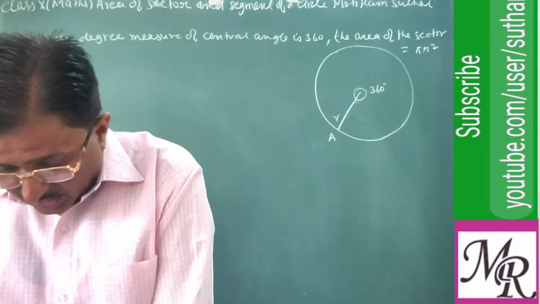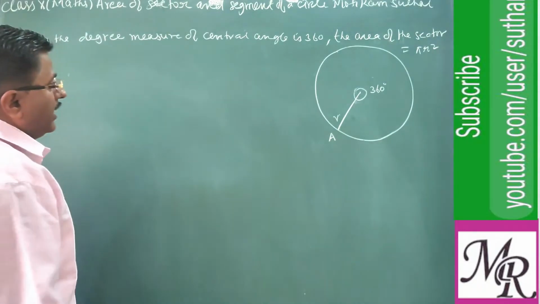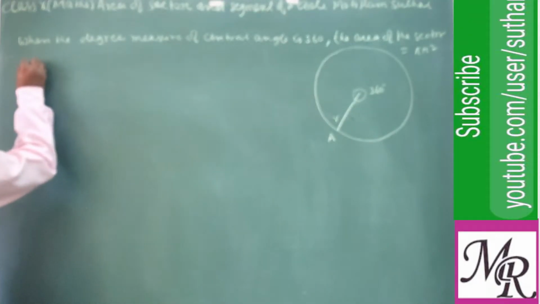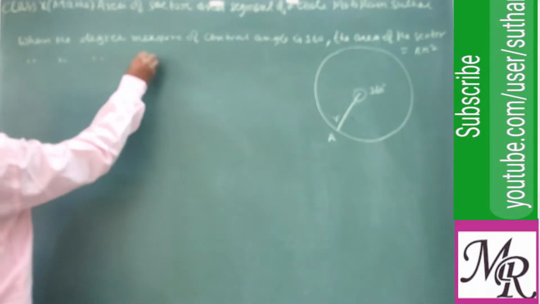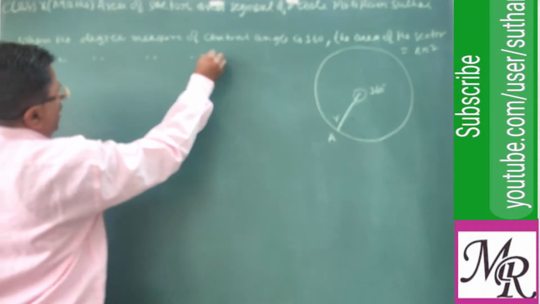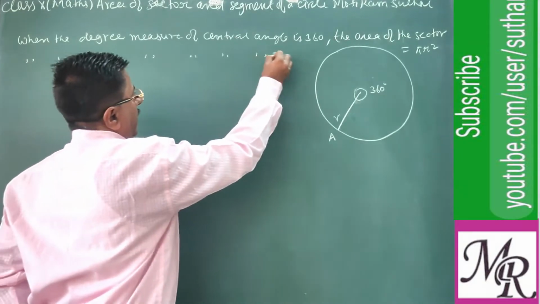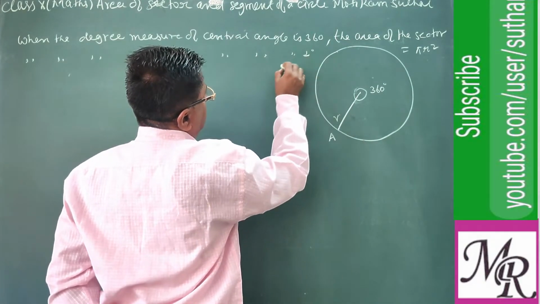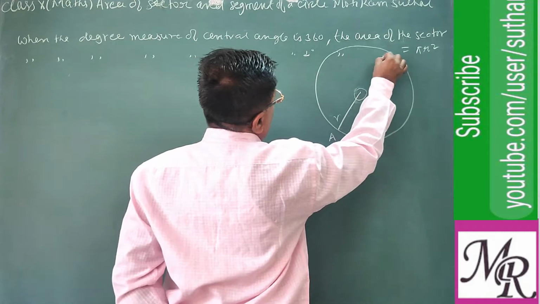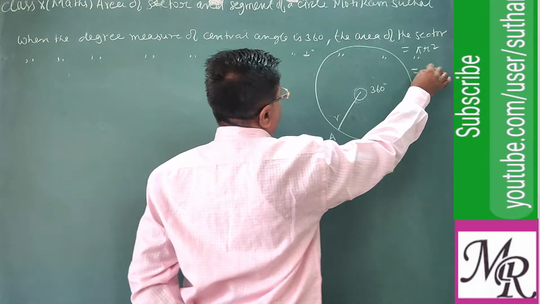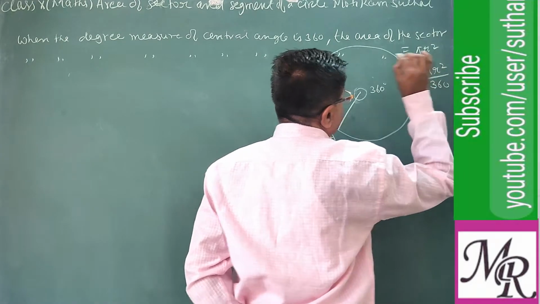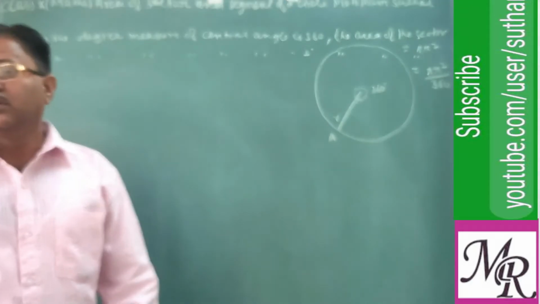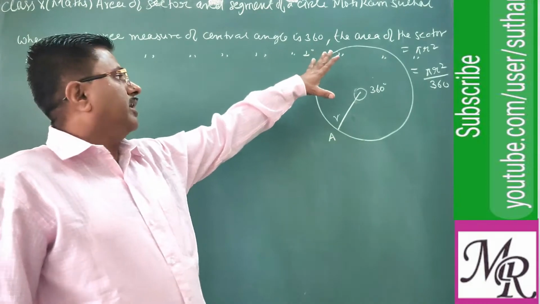Clear? So when the degree measure of the central angle is 1, we solve this by the unitary method. When the degree measure of the central angle is 1 degree, the area of the sector by the unitary method is pi r square upon 360.